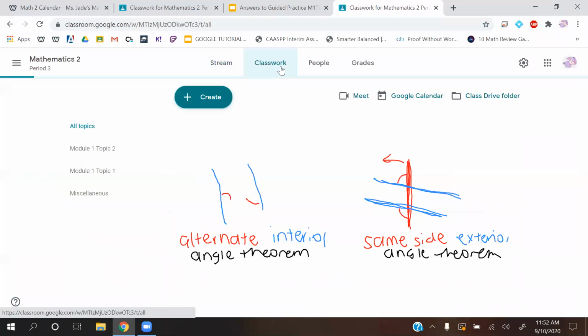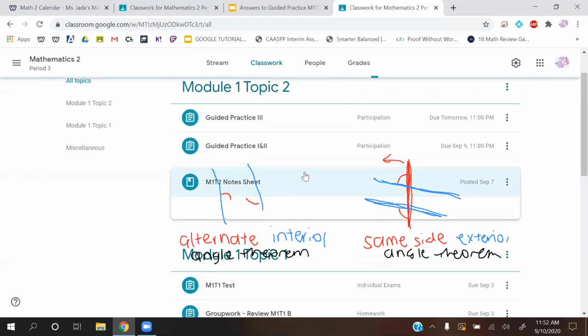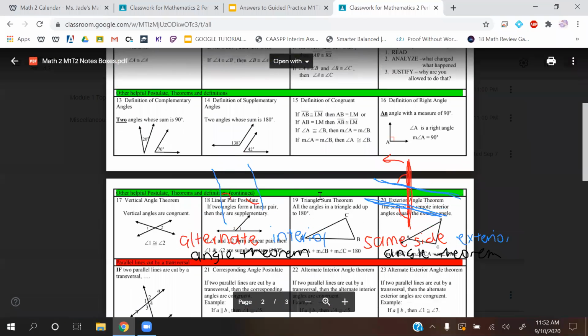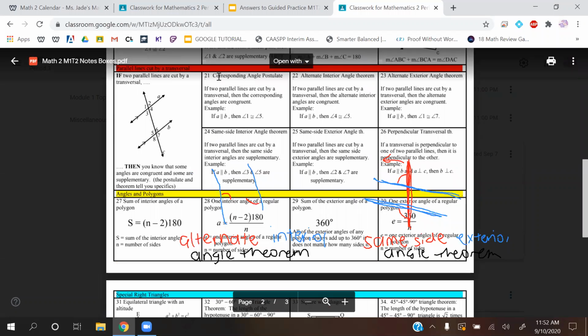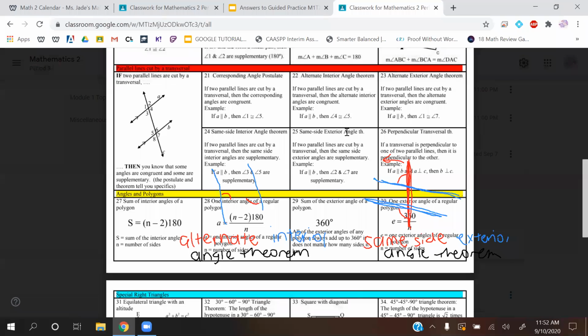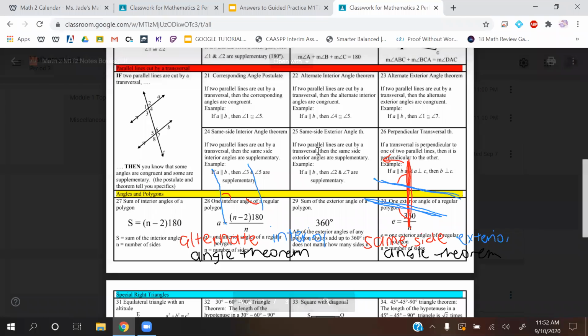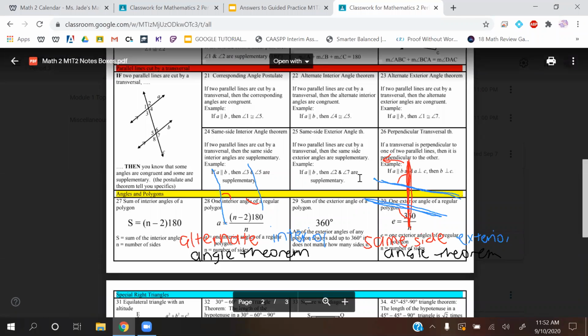If you look at our notes and go to this red section, it's same side interior angle theorem, same side exterior angle theorem, perpendicular transversal. I guess that one doesn't have the word angle theorem, but look, angle theorem, angle theorem. The only one that's a postulate is corresponding angles. So they all end with angle theorem. That's why I wrote angle theorem.